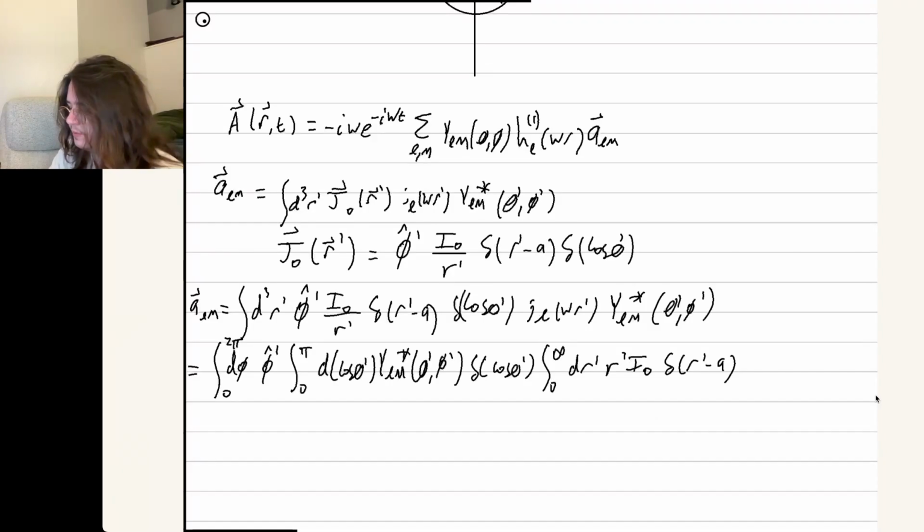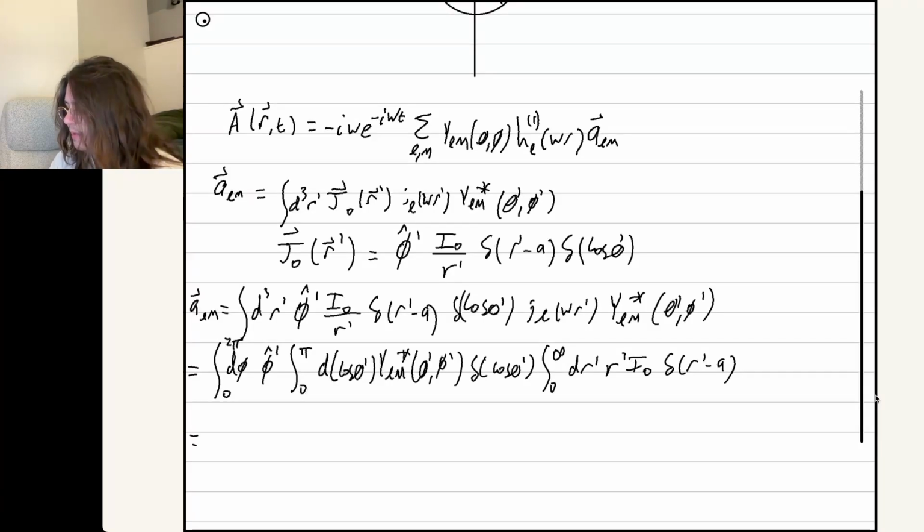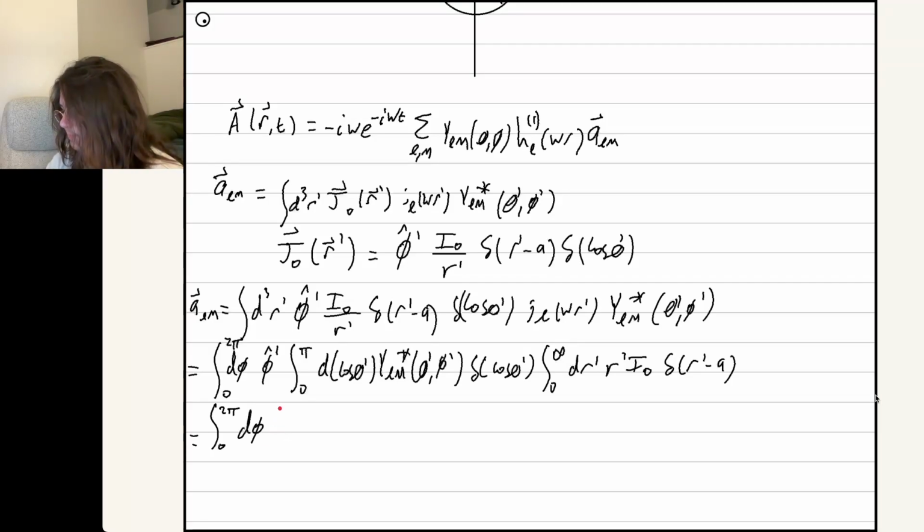We actually have to expand the phi hat prime into Cartesian coordinates, because it's minus sine phi prime x hat plus cosine phi prime y hat, and x hat and y hat won't change when we take the integral. That's a useful thing to do. The theta integral we can go ahead and evaluate because it's just a Dirac delta.